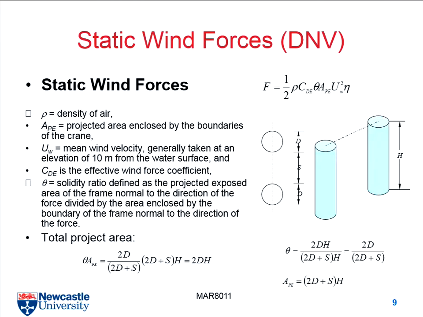Okay? And according to the criteria provided by DNV, they also have another coefficient, theta. When we define theta, it's a ratio between the real areas. For example, the wind is from this way, and we look at the two pillars from the sky.